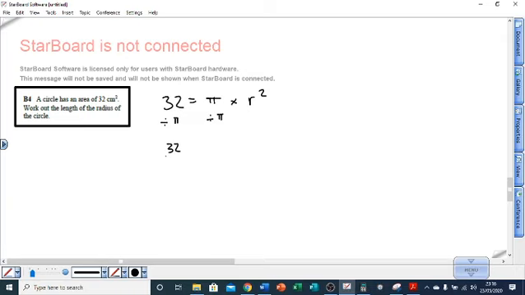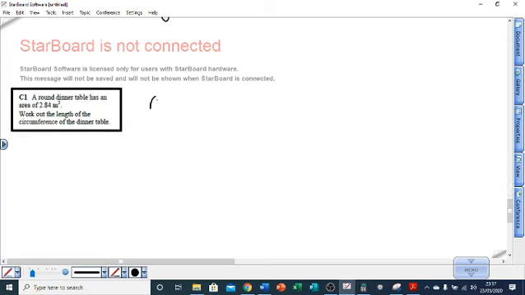Okay, next question, C1. A round dinner table has an area of that. Work out the length of the circumference of the dinner table. So we know that the area is equal to pi times radius squared. I'm told the area is 2.84, and that is equal to pi times the radius squared. We need to work out the radius.